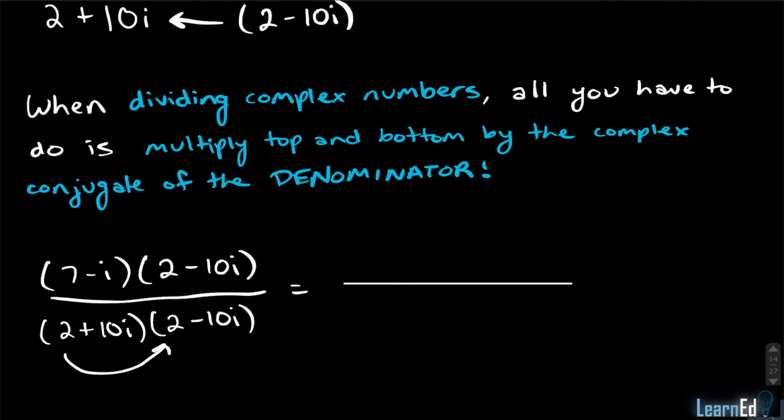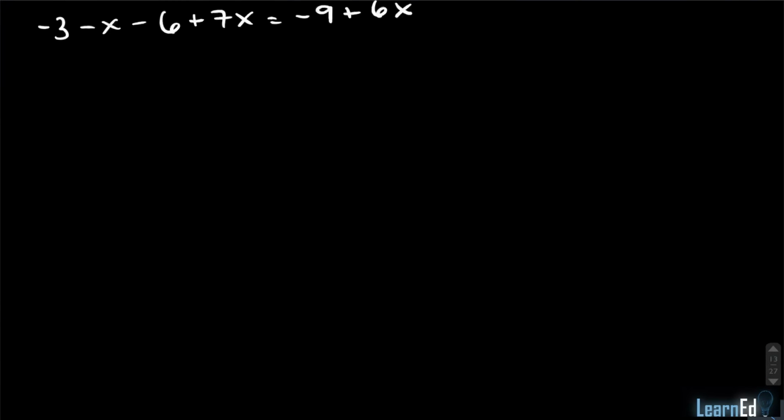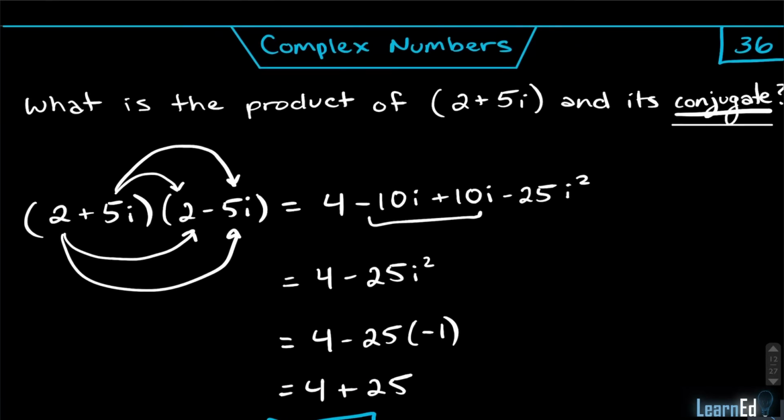You have a 2 times 2, that's 4, and you have a 10i times negative 10i, and that'll give you a minus 100i squared. Now note that we don't need to care about the middle terms here. Remember when I showed you this in problem 36?